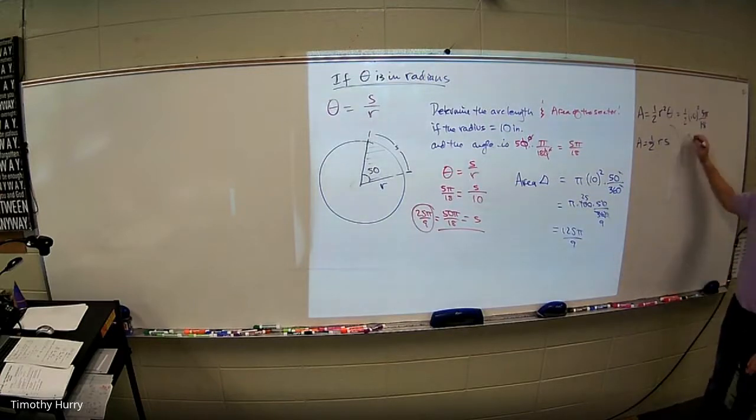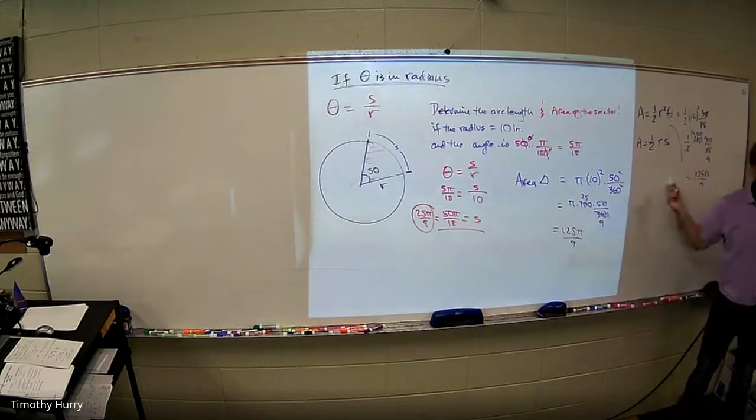And look what I get. I get 1/2 times 100 times 5 pi over 18. And I'll be able to clean up some of this. 2 goes into that, 50. 2 goes into that, 25. And I get 25 times 5 pi over 9. So I can use this formula.